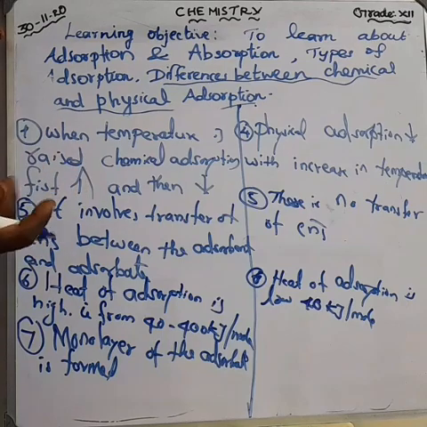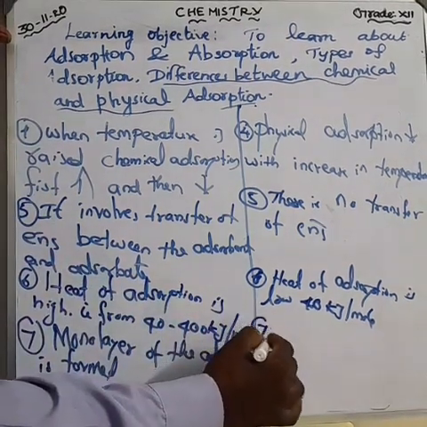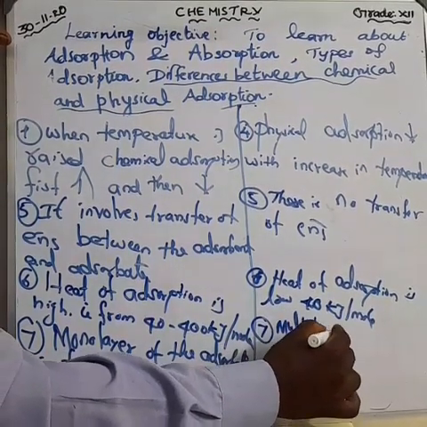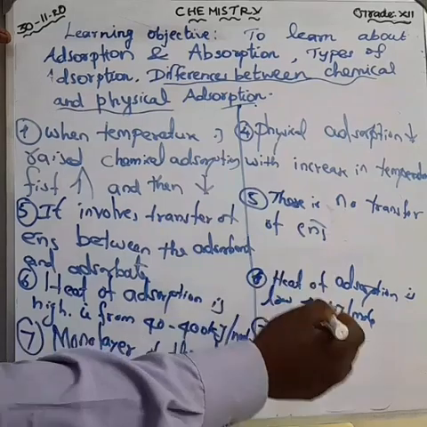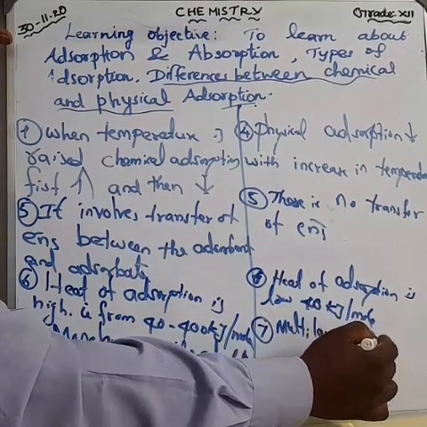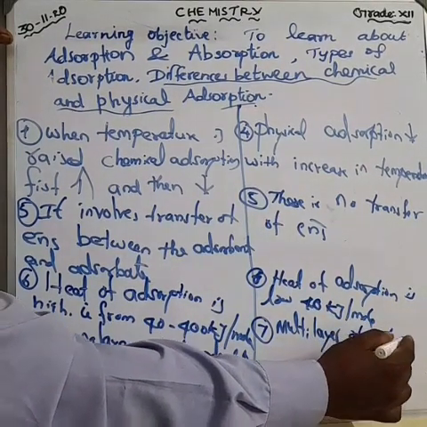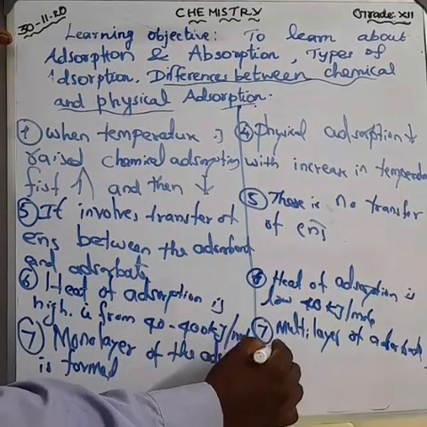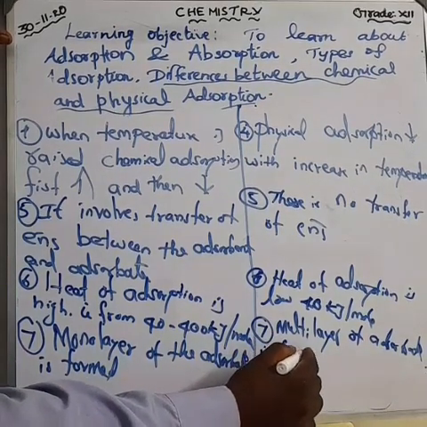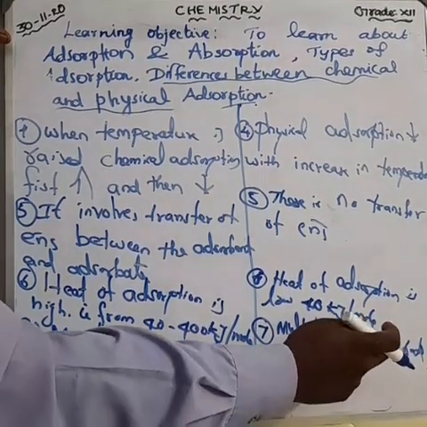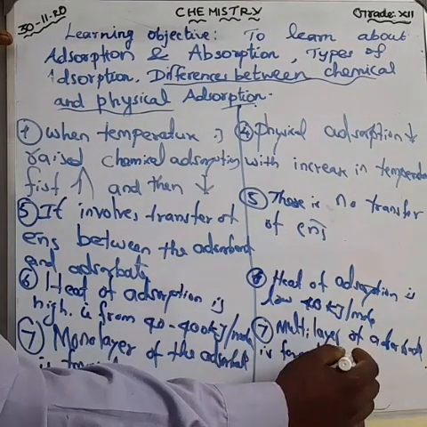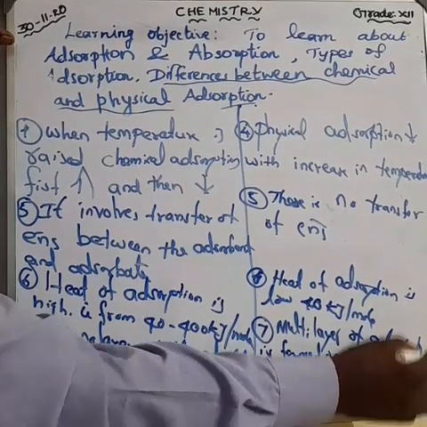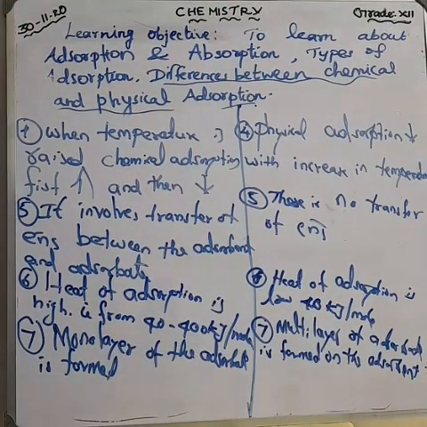Multilayer means many layers. A multilayer of adsorbate is formed on the adsorbent. This is the seventh point.